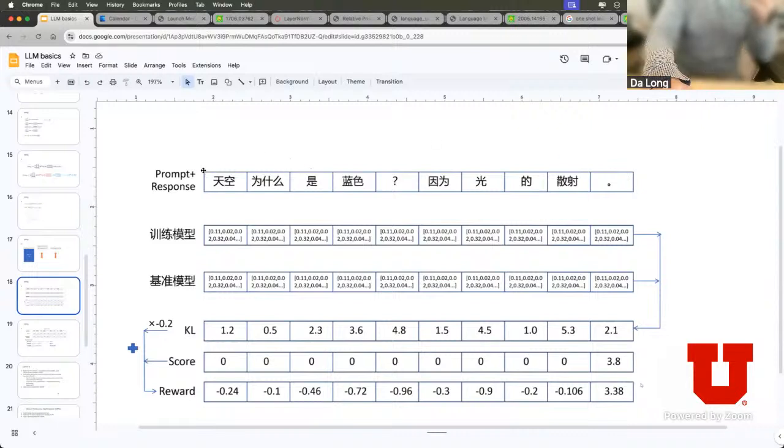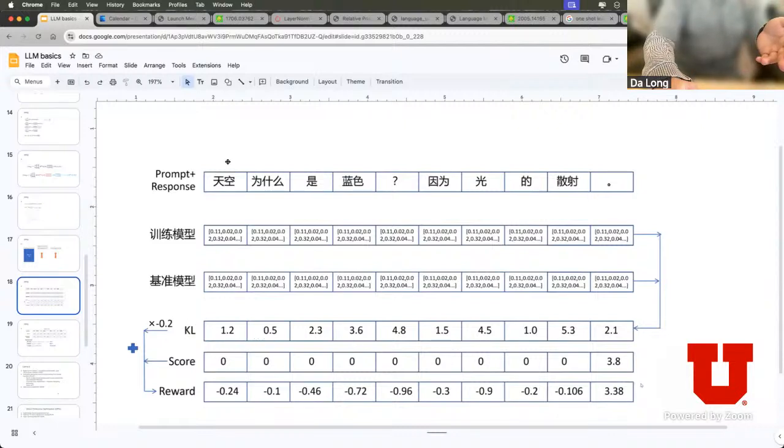If you put this text into the policy model, the model you want to optimize, and into the baseline model, you get two sets of probabilities. Based on the probabilities for each token, you can get the KL divergence for each token.